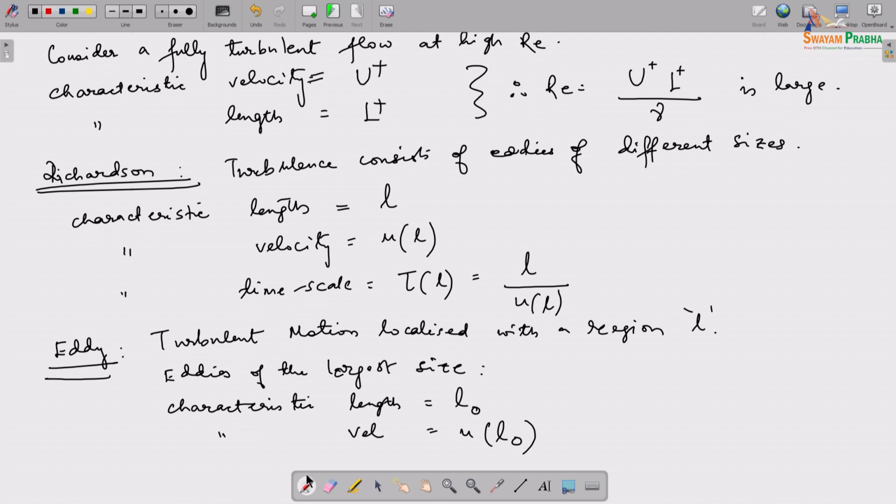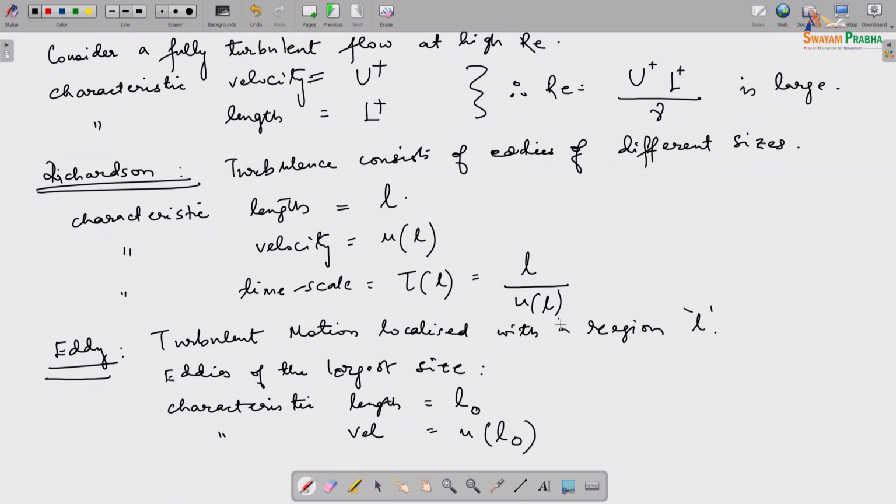You see, I have a fully turbulent flow, and there the characteristic velocity is given by superscript plus. I have Richardson's proposition, where he says a turbulent flow consists of various eddies. The characteristic length is small l, velocity is a function of that, and the time scale is this. Eddy is essentially turbulent motion localized within a region l.